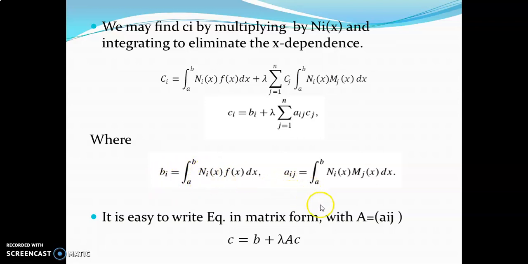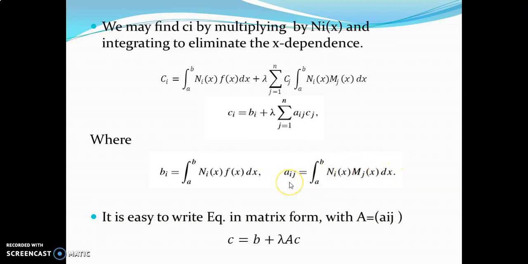And the matrix A is a11, a12, a13, a21, a22, a23, a31, a32, a33, and the different terms aij's can be determined by integral a to b ni of x mj of x dx.